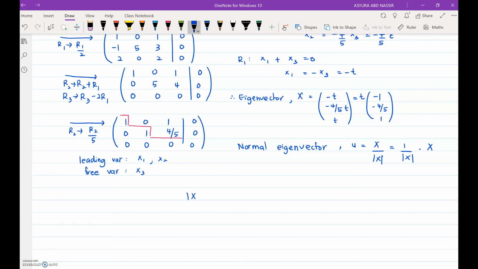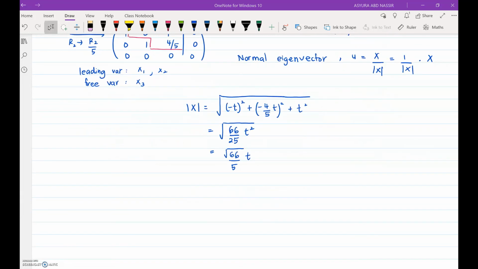Let's find the magnitude. The magnitude of x here will be the square root of negative t squared plus negative 4 over 5 t squared plus t squared, and we will get the magnitude of x is square root of 66 over 5 t. Now substitute in your formula of the normal eigenvector.